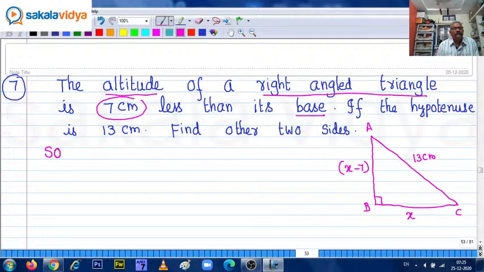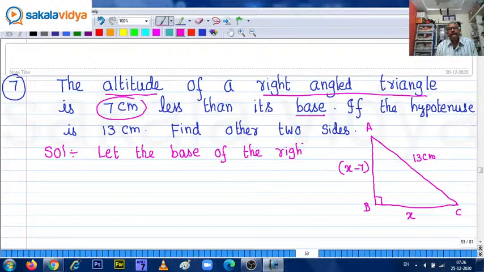Solution. First drawing the figure and given data gives us marks in the examination also. Let the base of the right angled triangle be BC equals x.